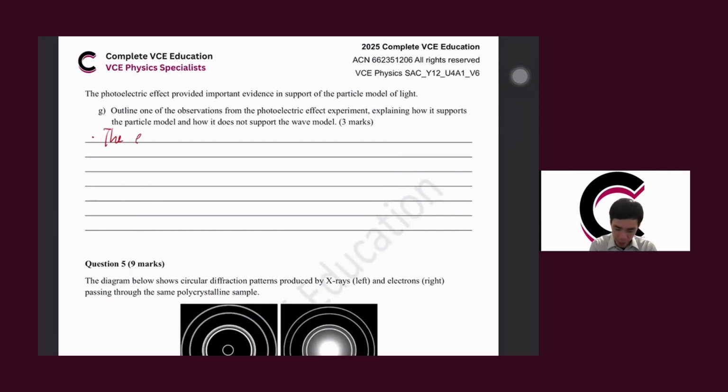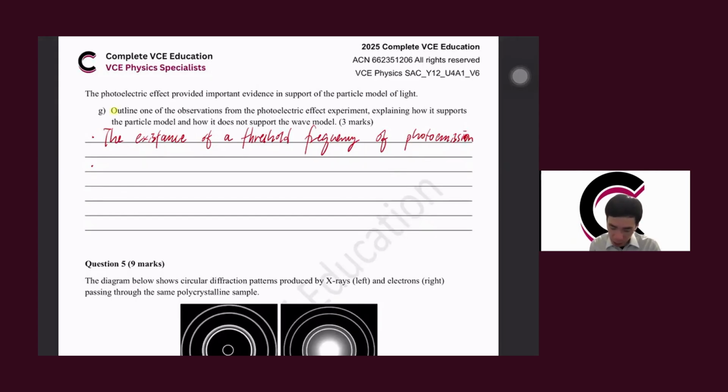The existence of a threshold frequency of photo emission. So when you have emissions, it doesn't work with any frequency. It has like a threshold. Minimal has to be this one. Otherwise, nothing happens. Which model, explain how it supports the particle model.